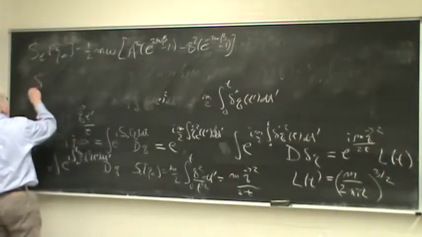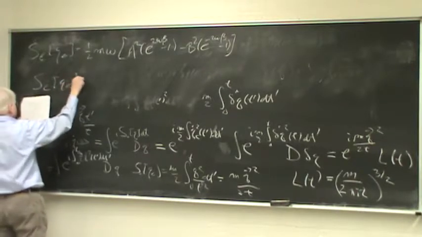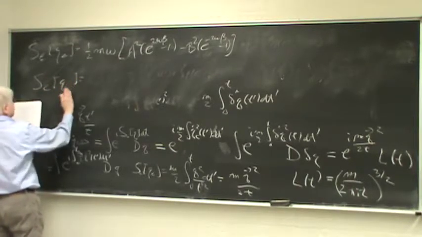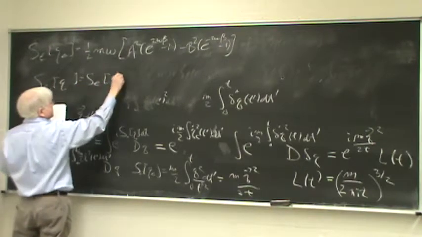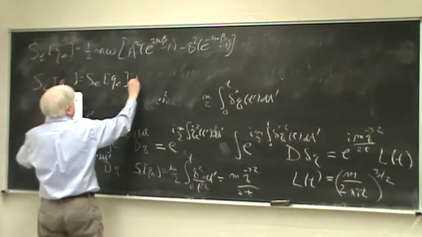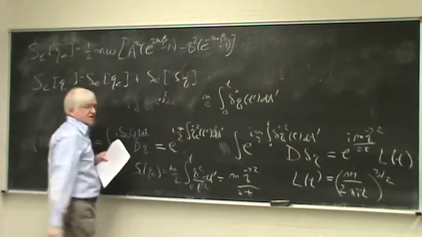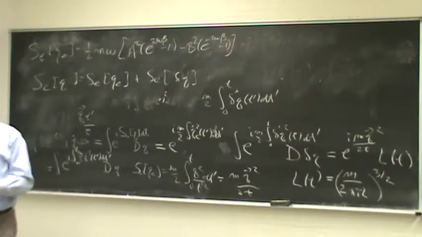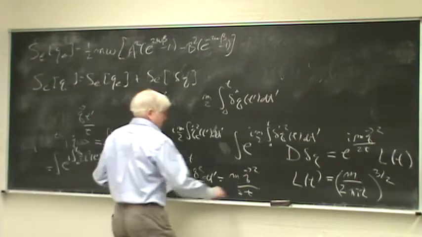Since the thing is quadratic, the Euclidean action of an arbitrary field QE, or arbitrary field Q, is the Euclidean action of the minimum field plus the Euclidean action of some loop field where delta Q goes from 0 to 0. And so this is just going to be a function of beta.